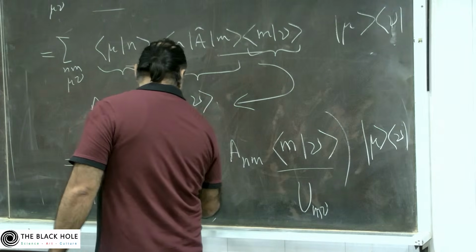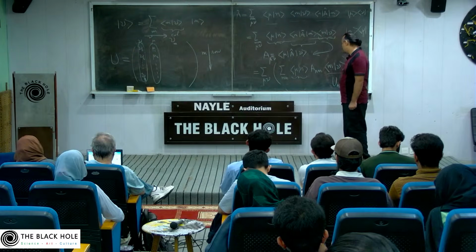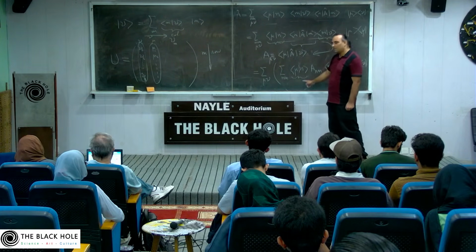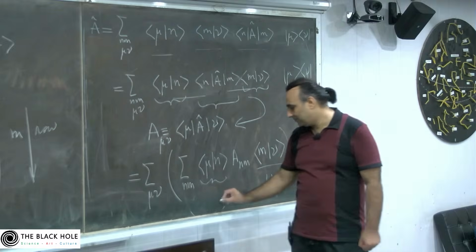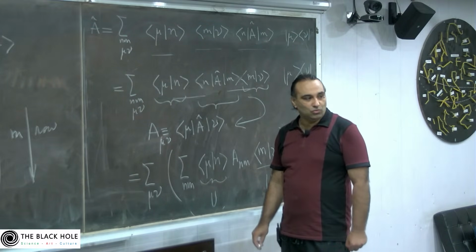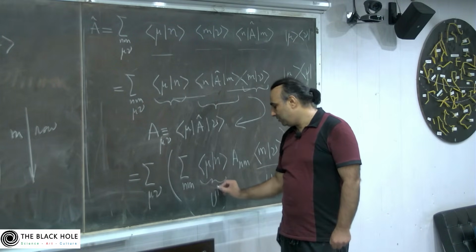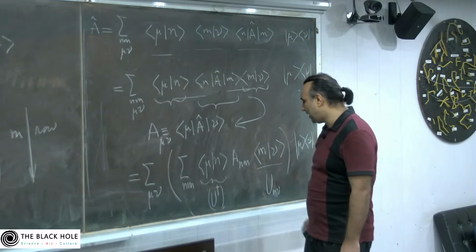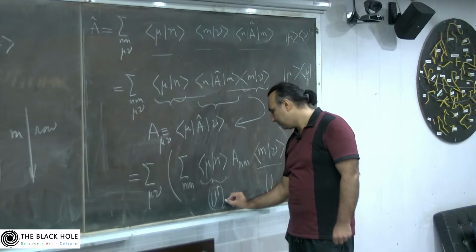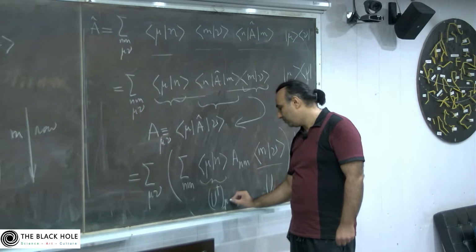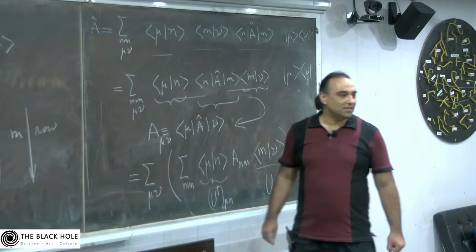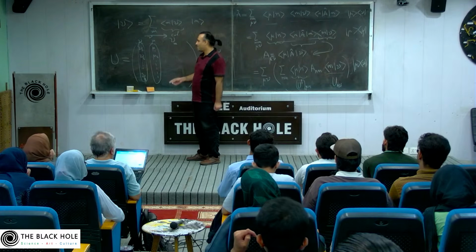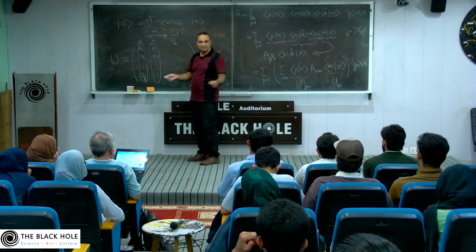Now what about this? If this is μν, then this would be like U dagger, and for U dagger it's μn, because in general these are complex vector spaces, so it's not simply a transpose.